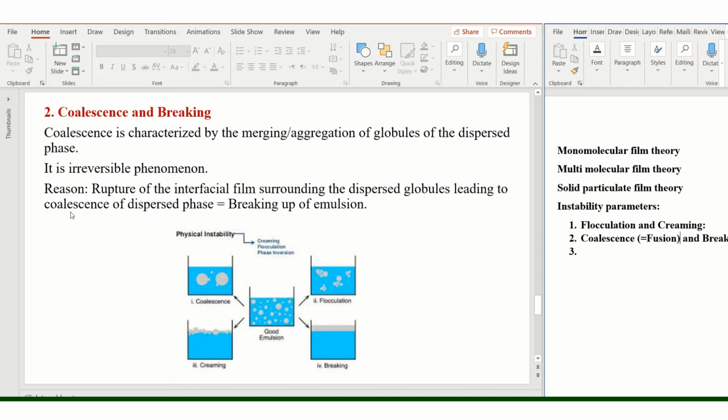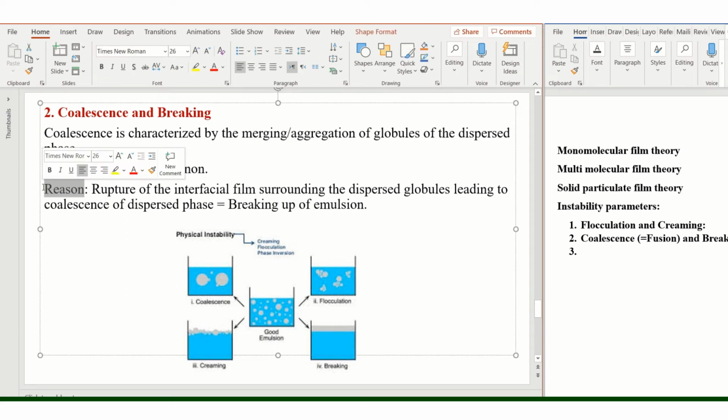Now what is the actual reason behind this? Whereas in creaming, all the globules tend to come closer, and then they either float or get sedimented based on the density differences, right? Here, what could be the reason? As you all know, emulsifying agents act as a barrier, as a film between the oil and the liquid phase.